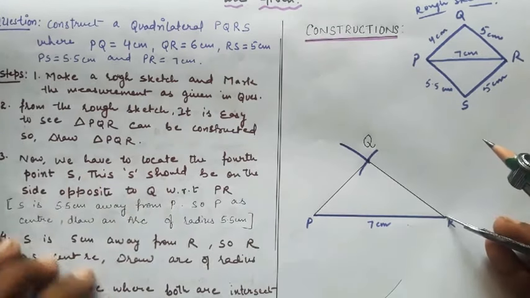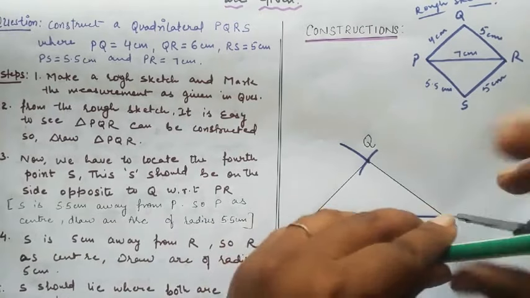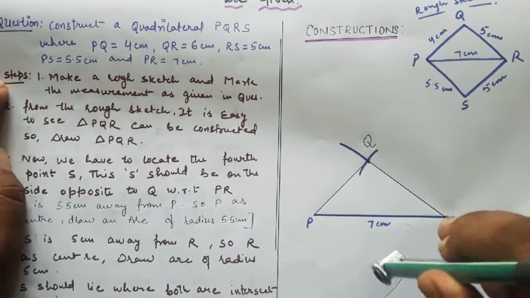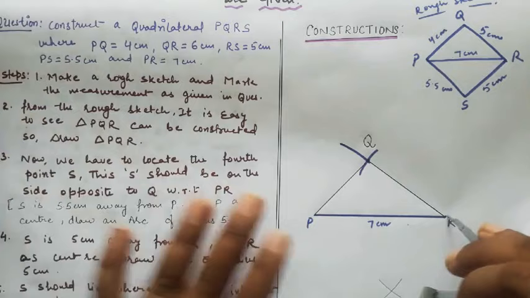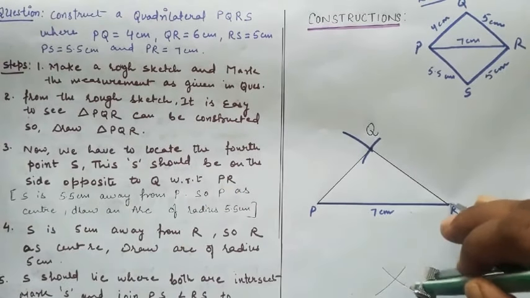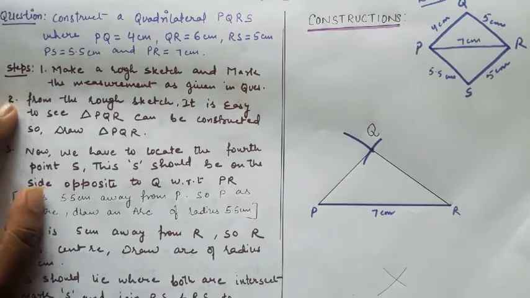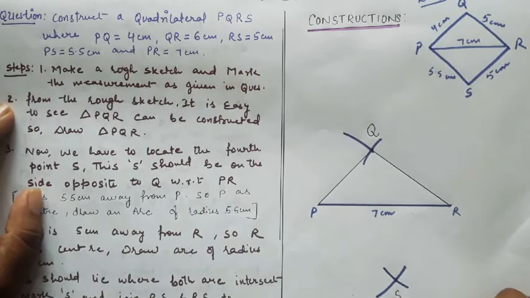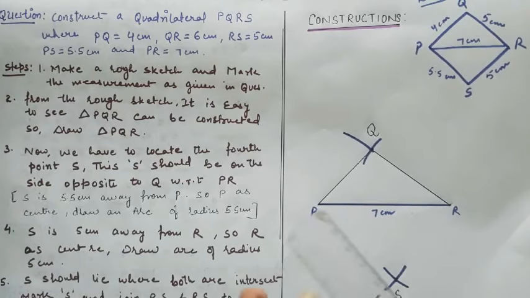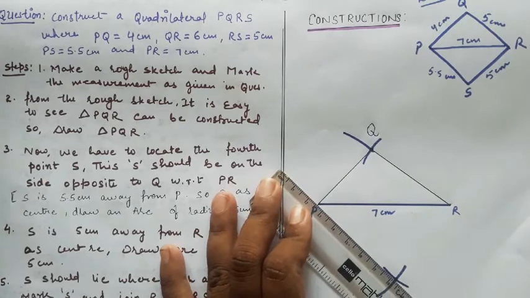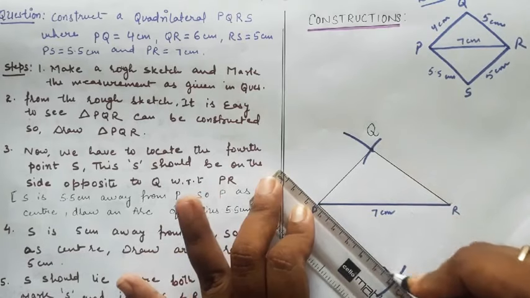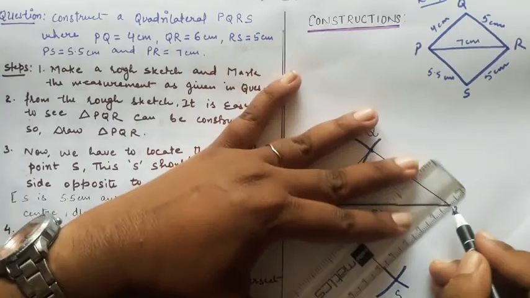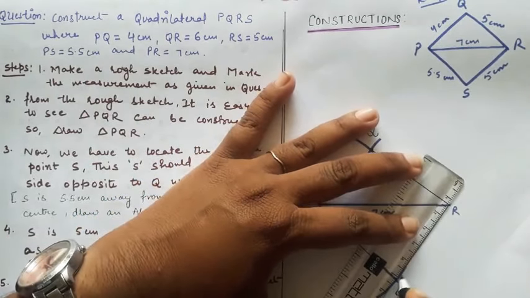I'm just taking R as a center and this 5 centimeter as a radius to mark this arc. To make it more visible, I'm just doing it with a different color. And this intersecting point is point S. Now you have to join this P with this point S and R with this point.